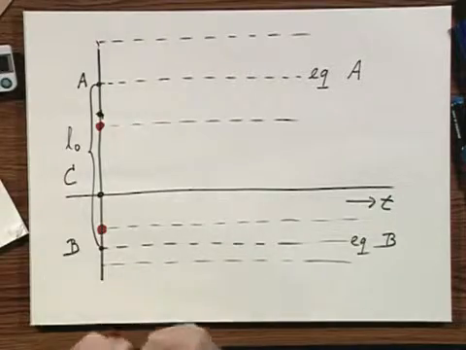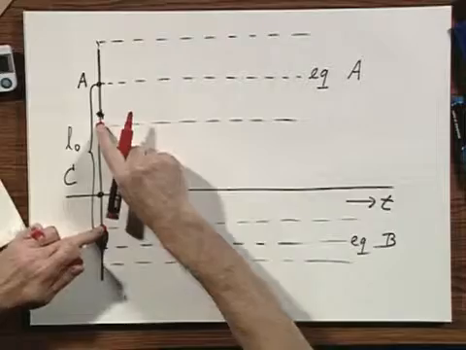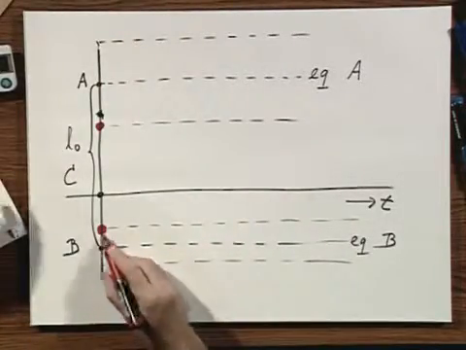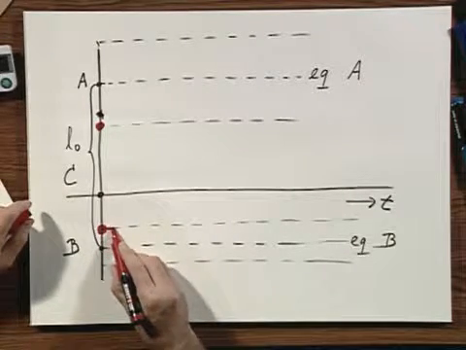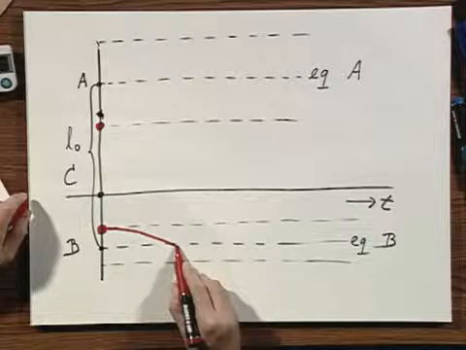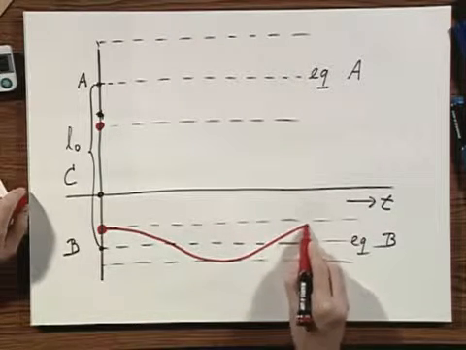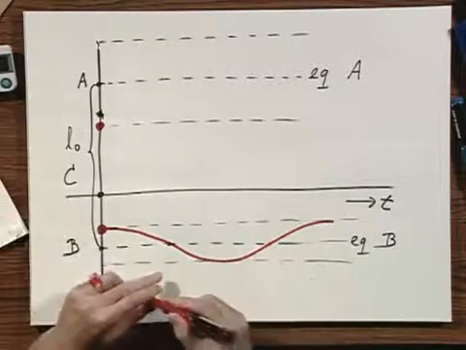Well, I let go, I have it squeezed in, and I let them go. A wants to go up and B wants to go down, so let them. So B is going down. Simple harmonic motion. Nice cosine curve. Right here, B is going through equilibrium.